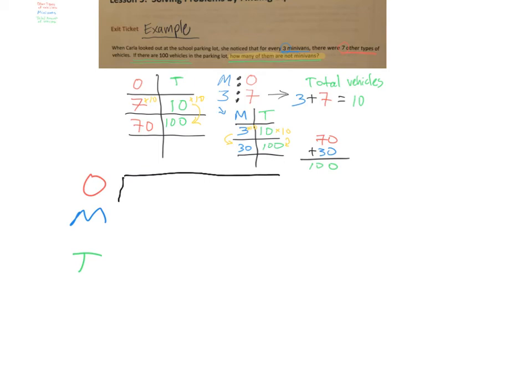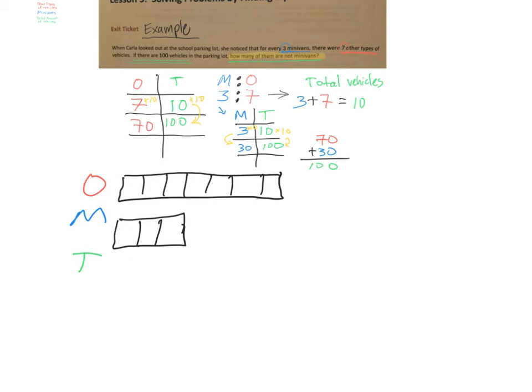So we'll do, this is a 7 square tape, and so we'll do 6 lines, 1, 2, 3, 4, 5, 6. That should give us 7 boxes. This is a 3-box square. And then this last one is a 10-box square because it's literally 3 plus 7 is going to give us our total amount of vehicles.